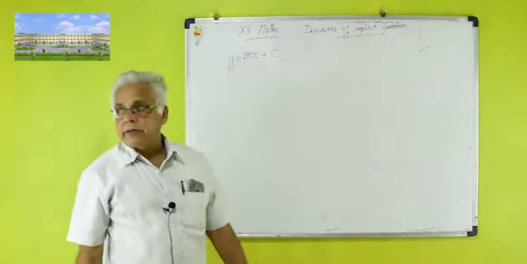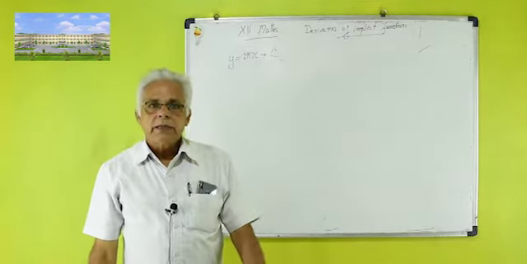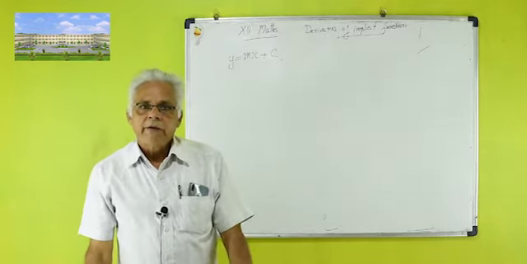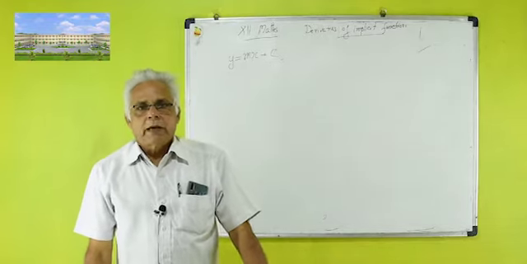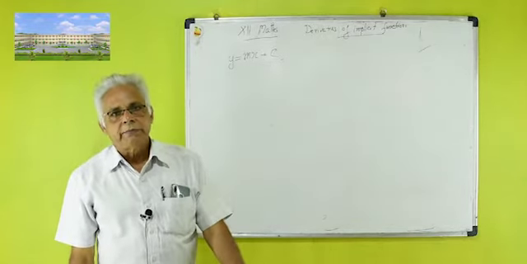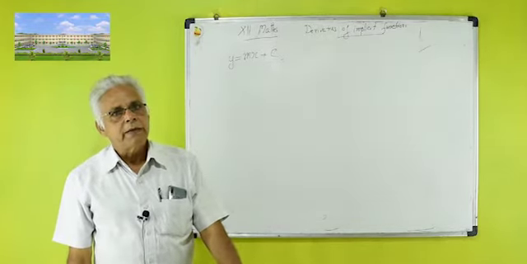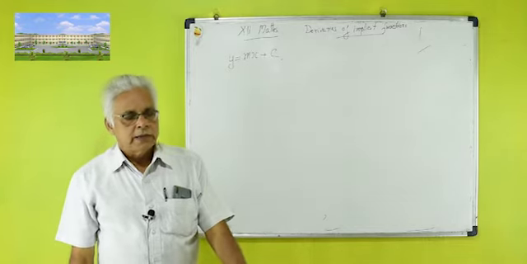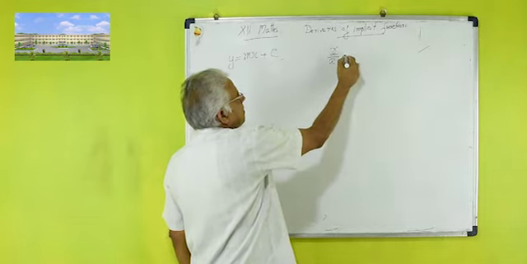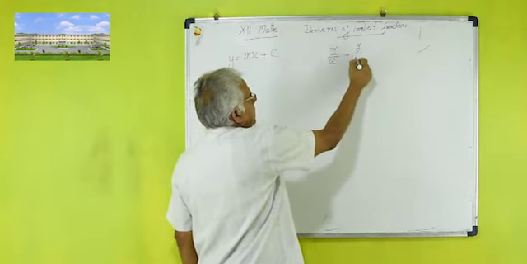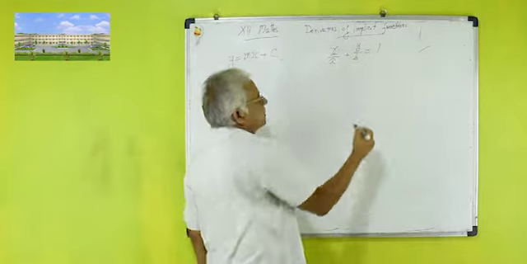In chapter 9, the equation of a straight line with x-intercept a and y-intercept b is given by x by a plus y by b is equal to 1.